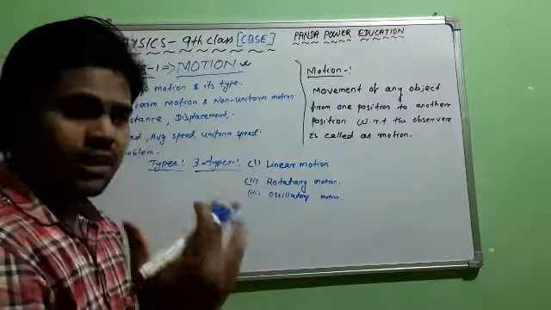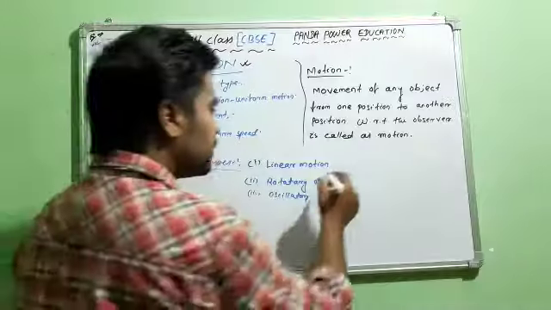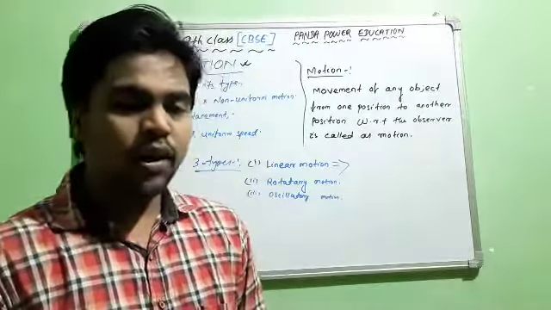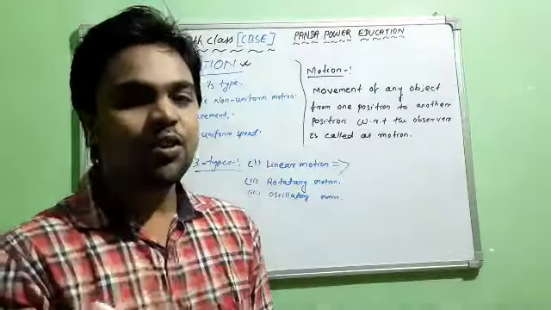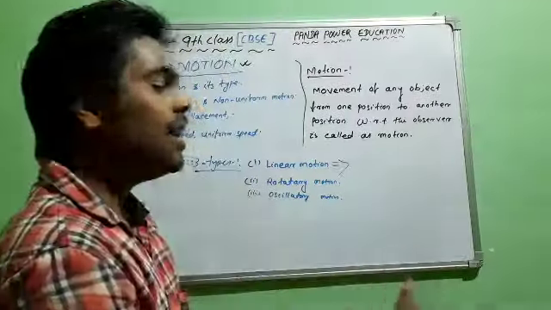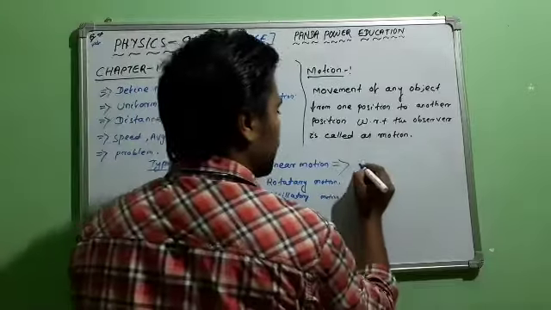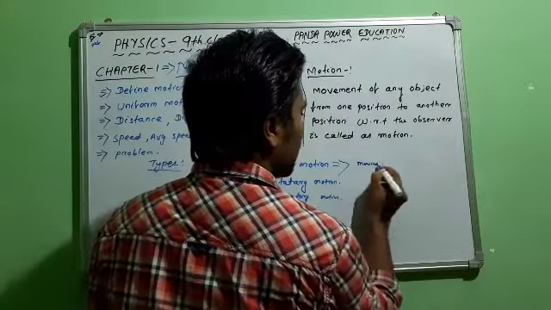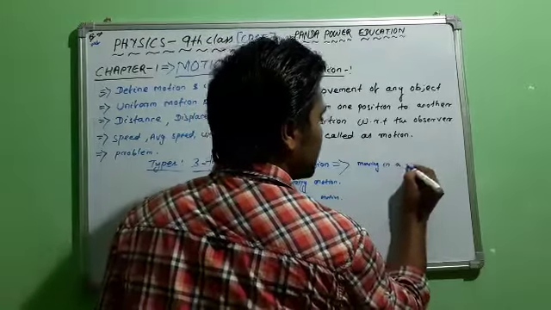So I am giving the example. What is linear motion? So linear motion: a body moving from one position to another position on a straight line, in a straight path.